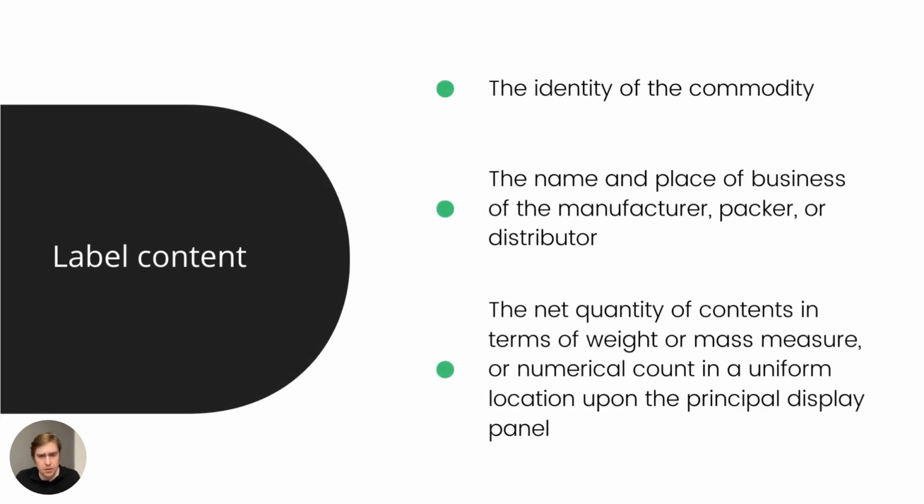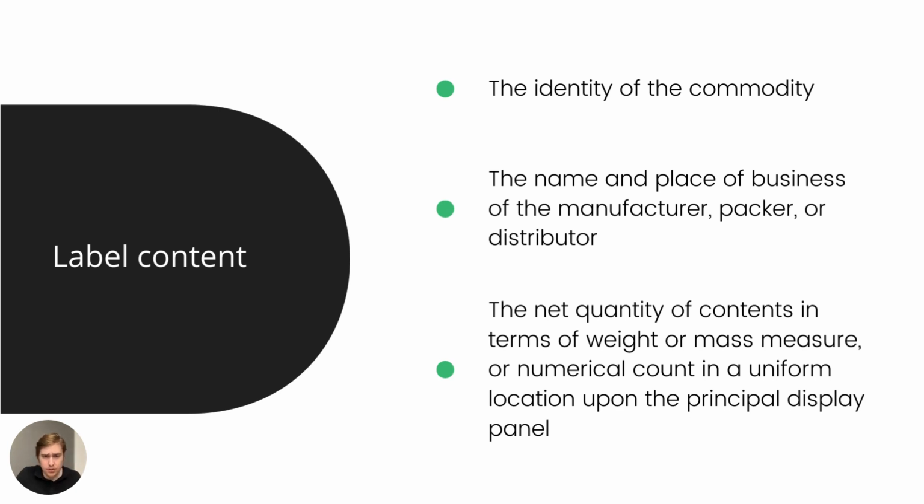So let's look at the label contents then. The UPLR is not that complex. As I said, it includes three main components. First, we have the identity of the commodity. That could be a product name, model number, SKU, the name and place of business of the manufacturer, packer, or distributor. And I'm not 100% sure, but I think they also cover importers here.